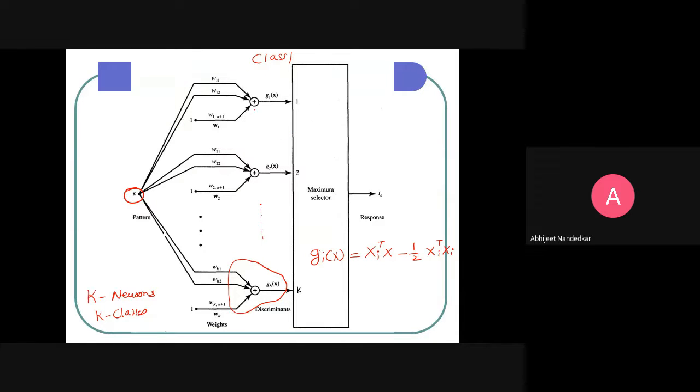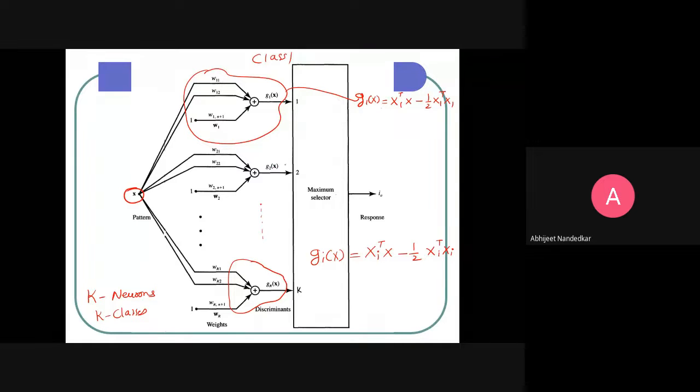So the first one is g1(x). How will I write it? g1(x) equals x1 transpose x minus half x1 transpose x1. Similarly, g2(x) is x2 transpose x minus half x2 transpose x2, and so on.